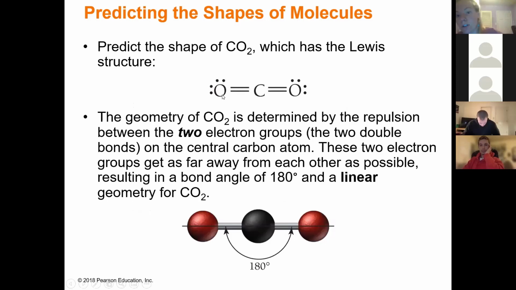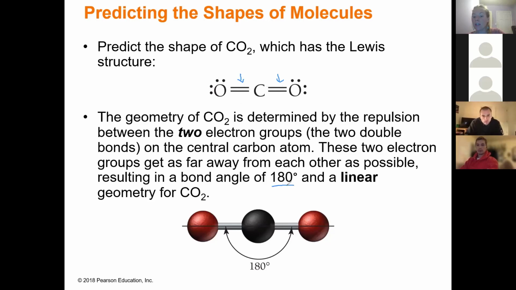So we talked about CO2. CO2, we would say, has 2 electron groups. It's got a double bond here and a double bond here. These electrons on the outer atoms are important, but they're not important for the shape. So if I have two electron groups, how do these things get as far away from each other as they absolutely can? Because they both have negative charges.